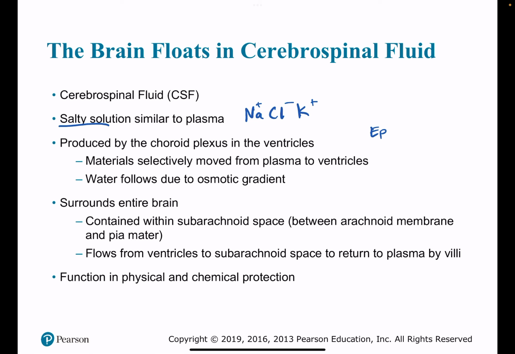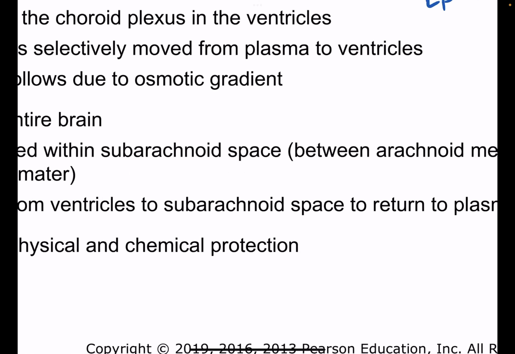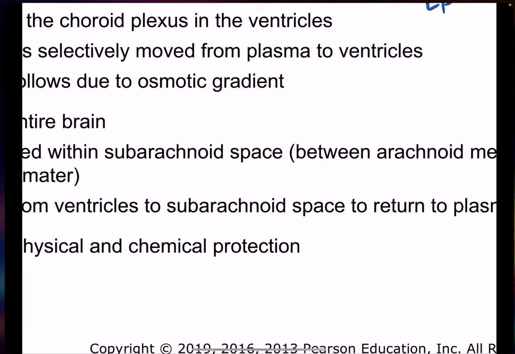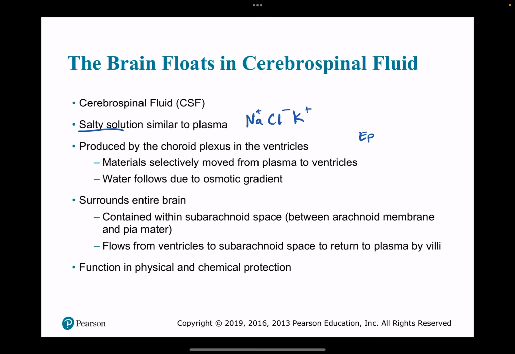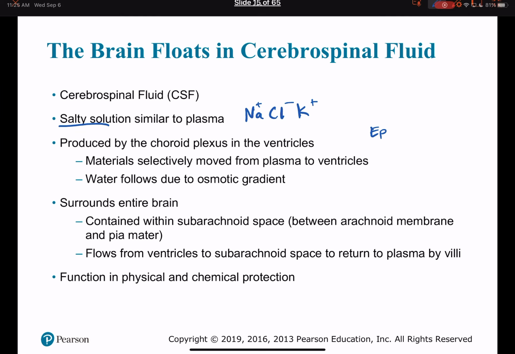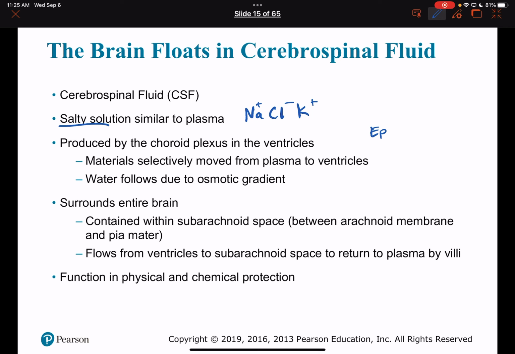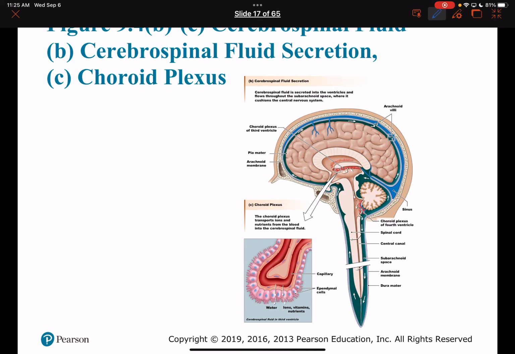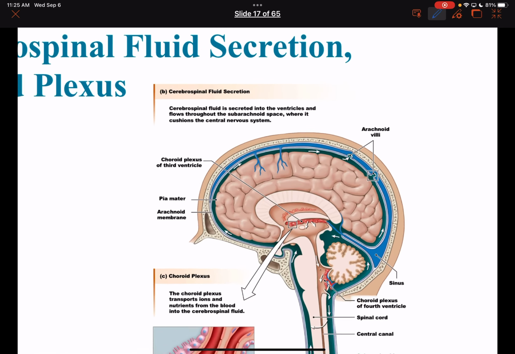What you're going to find in an area that makes the cerebral spinal fluid is a thing called the choroid plexus. So what I'm going to do now is skip to this figure and show you how this is all done.